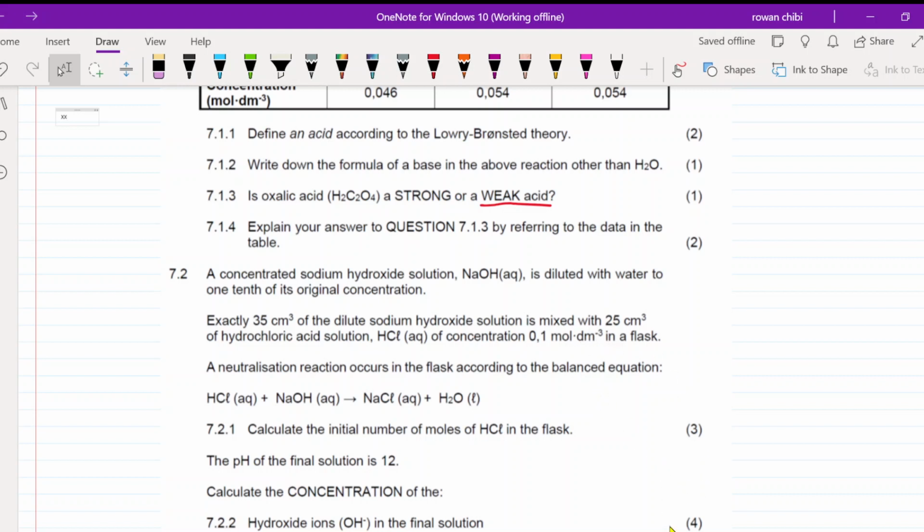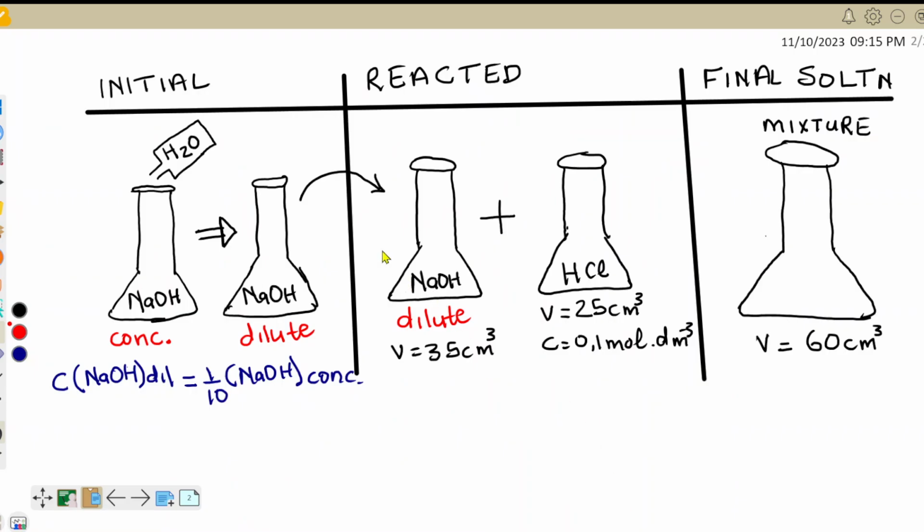So in the second section, they took 35 cm³ of the dilute sodium hydroxide solution, which was this one.